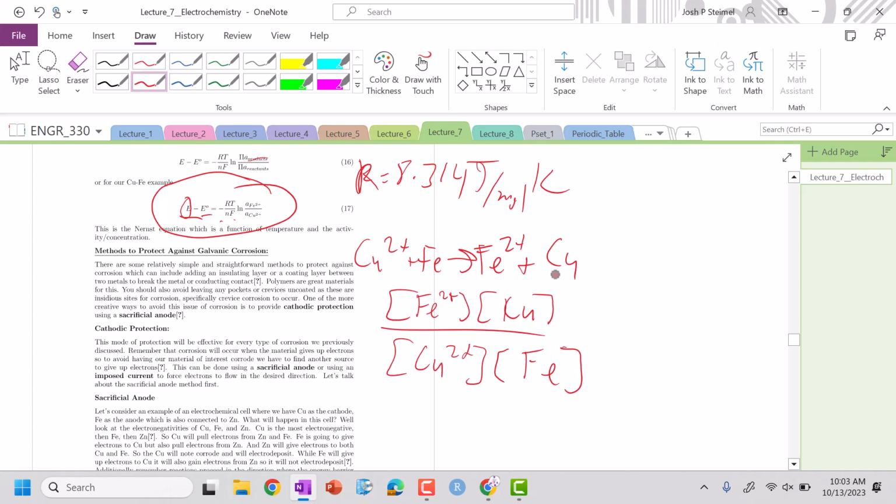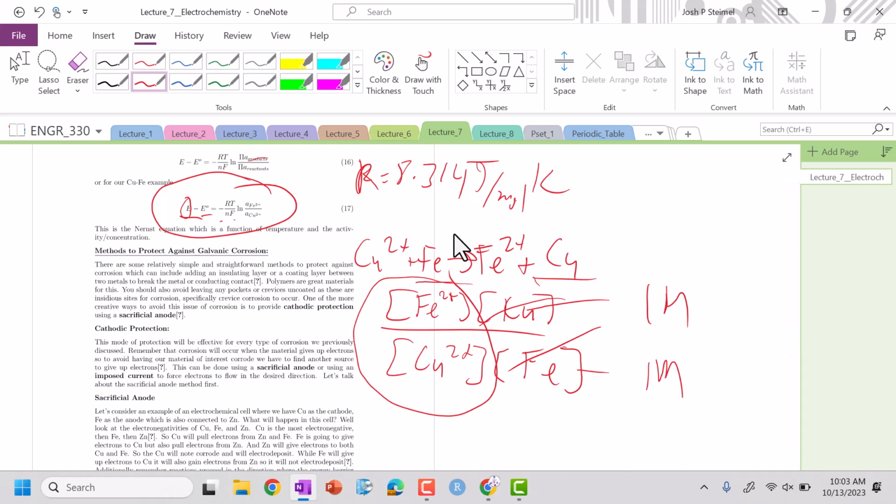Now, if I'm a pure material, my concentration is going to be 1 mole, so these automatically cancel out. So this would be concentration of products over concentration of reactants, and that's how you're going to solve problems with the Nernst equation.